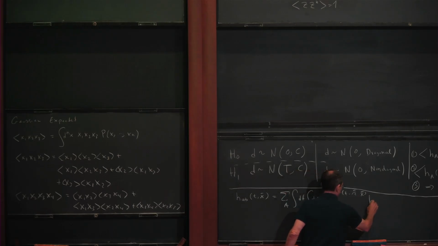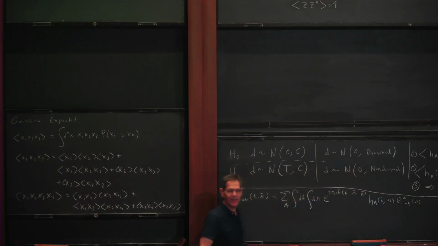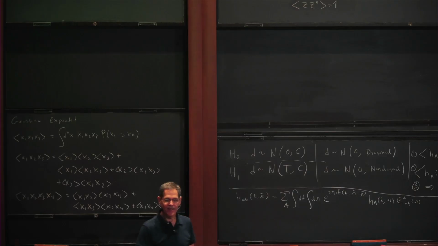There is the amplitude, h_A of f and omega, and finally the polarization tensor, e^A_AB of omega. Okay. Did I leave anything out? Yes? No? I think I didn't.